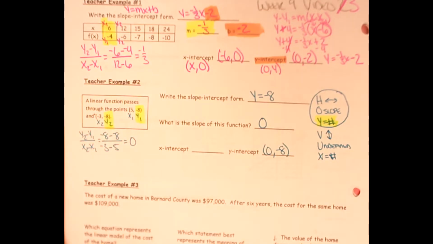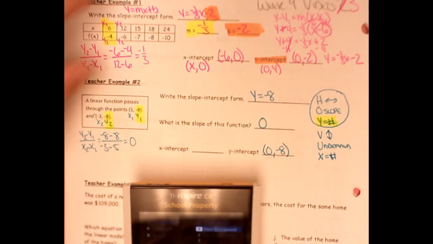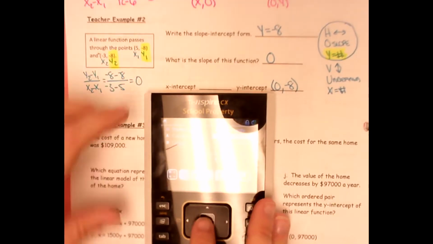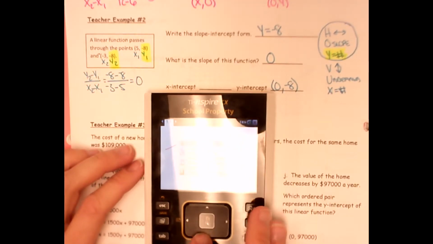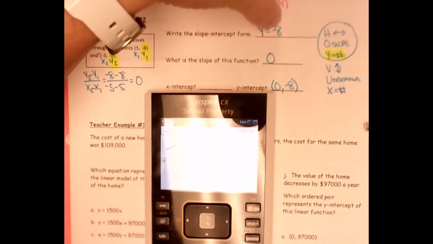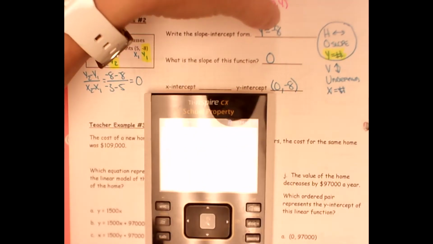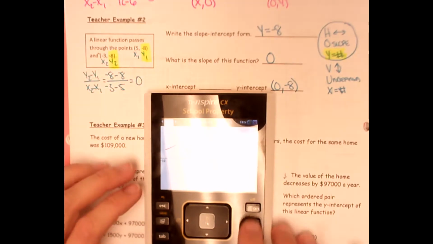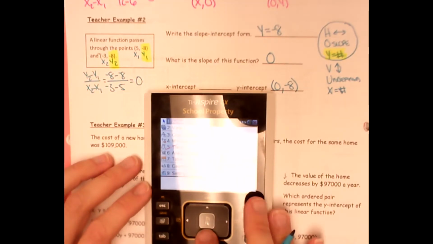Now let's go ahead and graph it just so we can see the picture of it. So if you go to add graphs, you're just going to type in negative 8 and enter. We might have to make the screen bigger. Menu, view.